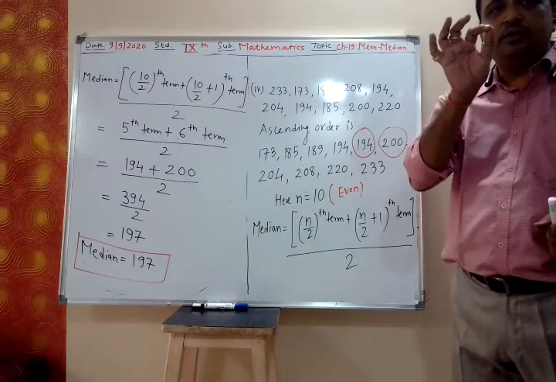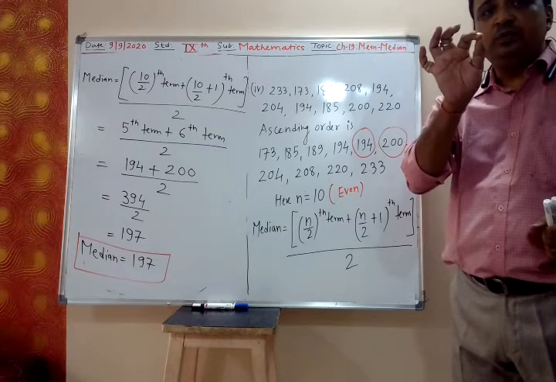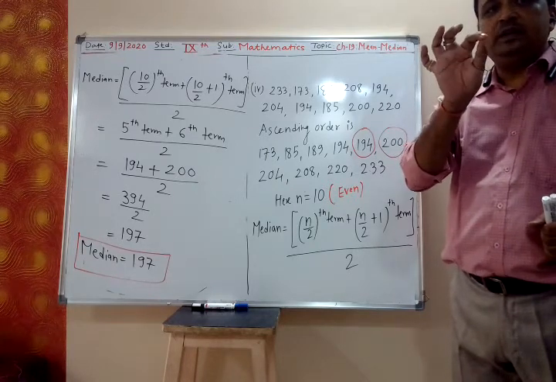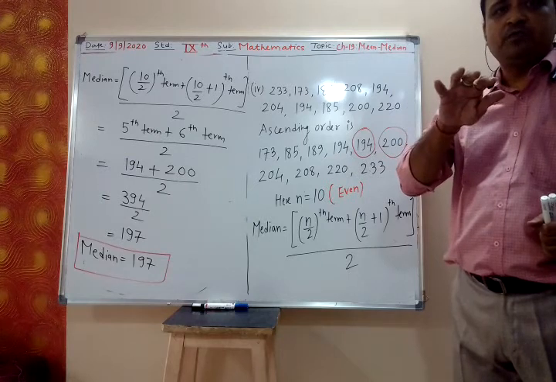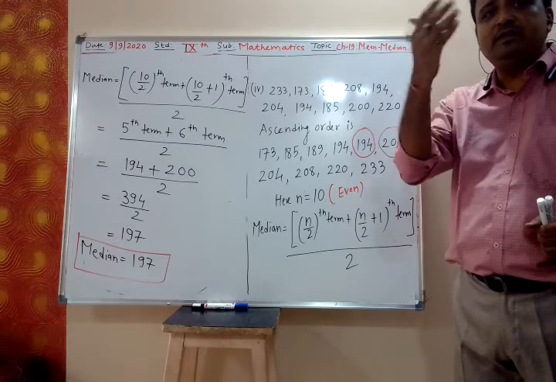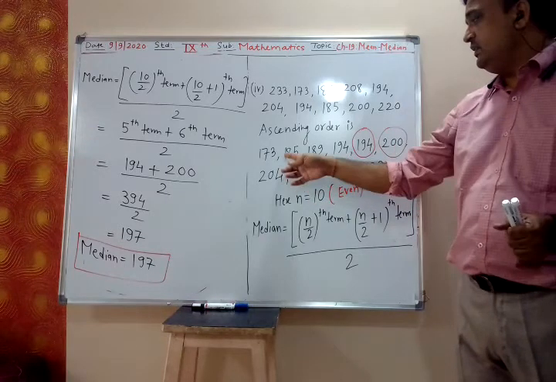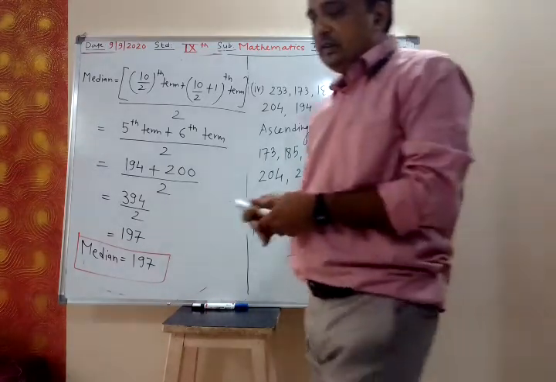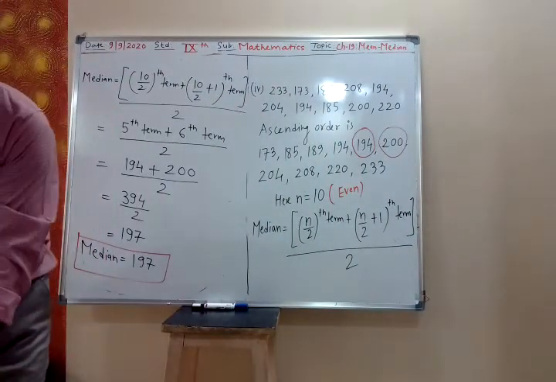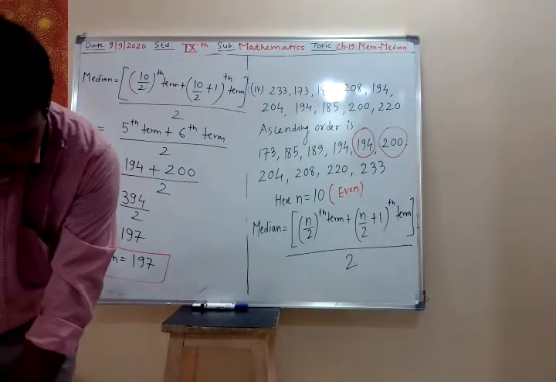So what is one observation? Median value need not be in the data. It may be, may not be. In some problems you will find one of the values, but in some problems you will not find that value in the list of the given numbers. Is it clear? So it may be, it may not be.